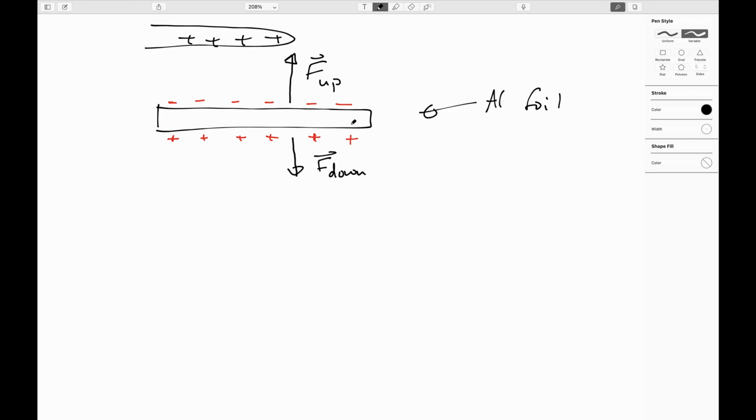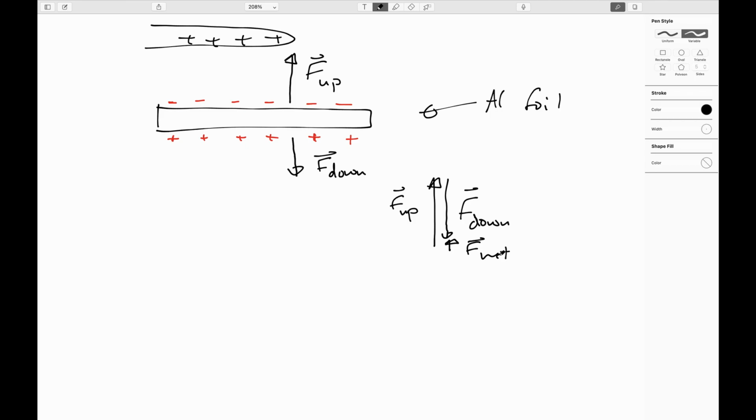That's because this distance is slightly further away than this distance, so the force here is a little bit weaker than the force here. So if we go ahead and add the two forces together, so here's my upward force and my downward force, they almost but not quite cancel to give you a net upward force.